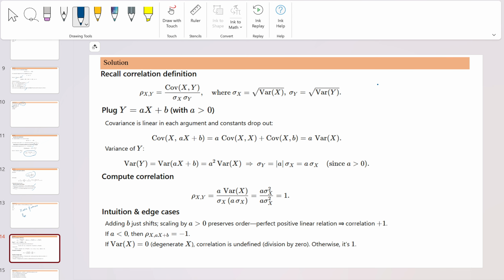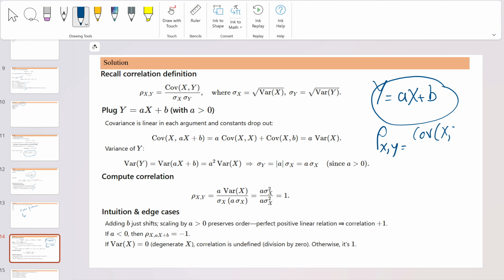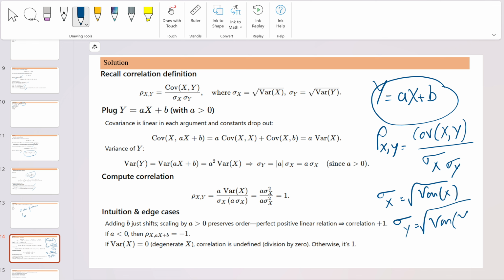When you see y is equal to ax plus b, correlation is basically rho xy equal to covariance of xy divided by sigma x dot sigma y, where sigma x is the square root of variance of x and sigma y is the square root of variance of y.